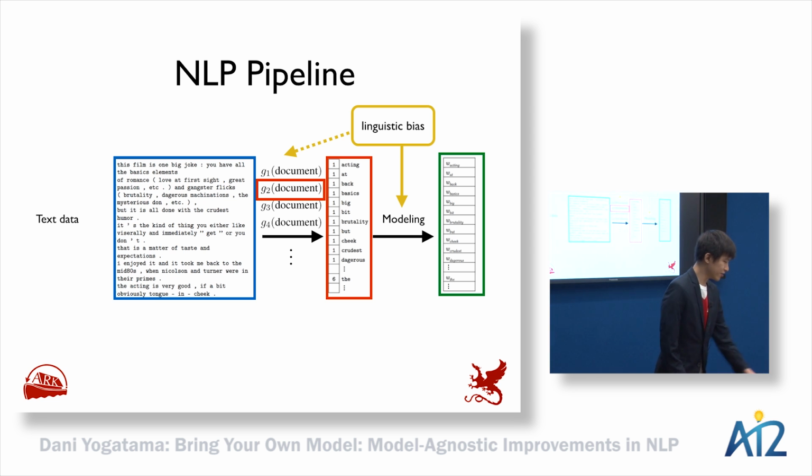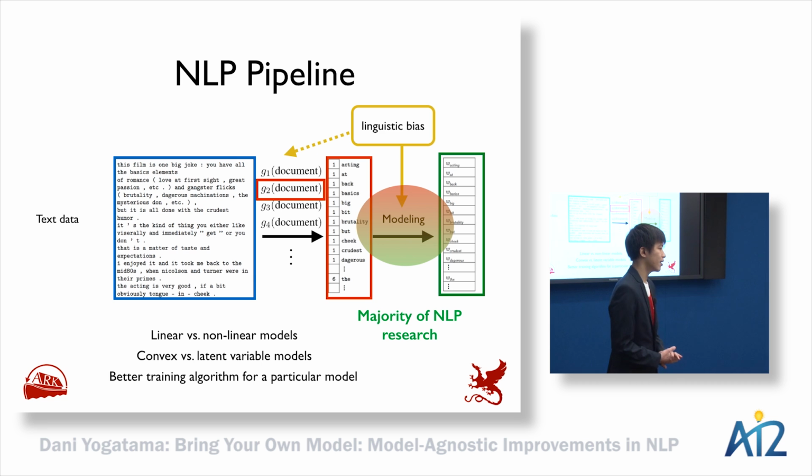I would argue that in the majority of NLP research, when we want to get improvements on our tasks, we tend to do it by improved modeling, which means that we introduce better models. For example, we can move from linear models to nonlinear models, or from convex models to non-convex models. Maybe we were using SVM and we replace it with latent variable SVMs, or logistic regression to neural network and things like that.